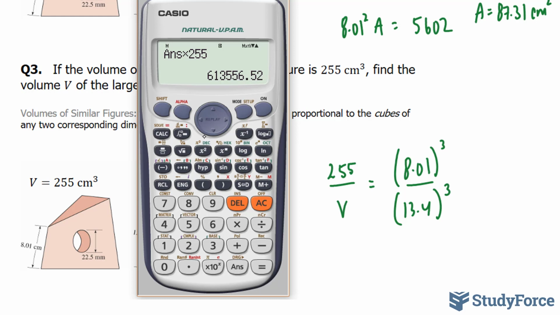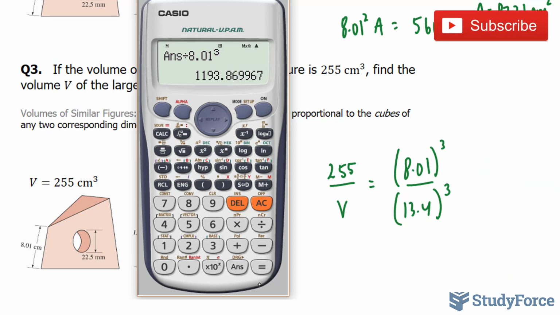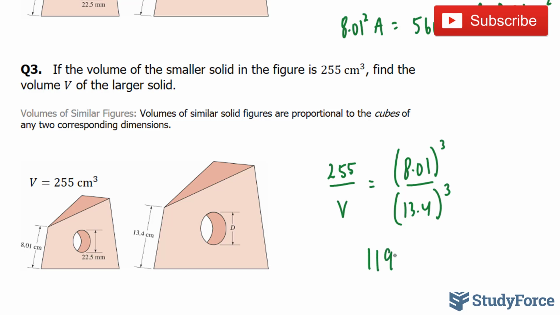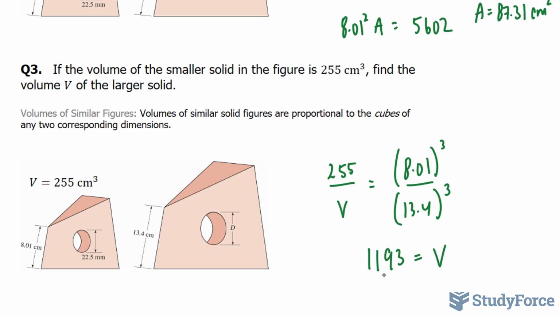What we would do next is divide both sides by 8.01 to the power of 3. So this number divided by 8.01 to the power of 3 gives us 1,193. 1,193 is equal to our V, and this would have units of centimeters cubed.